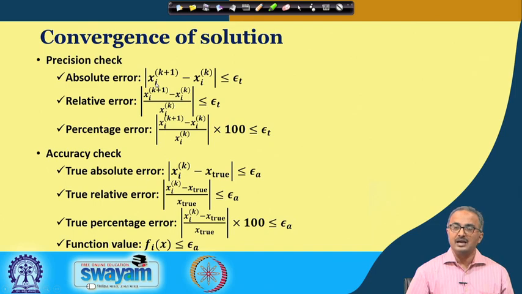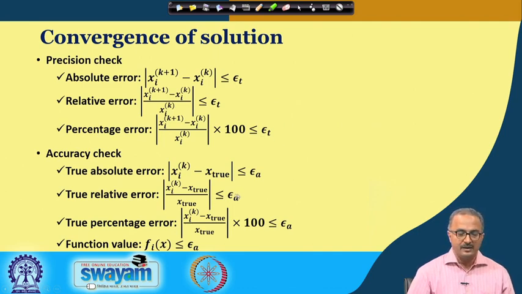And here I am showing x_i because there could be more than one equation you are solving for, so it should be applicable for all the equations. Next is the relative error, which means the absolute error divided by the value in the previous iteration. Okay? Then we have the percentage error, which is the relative error times 100, and here I have put the convergence criterion, which is user defined, and this T shows it is for the approximate values. Okay?